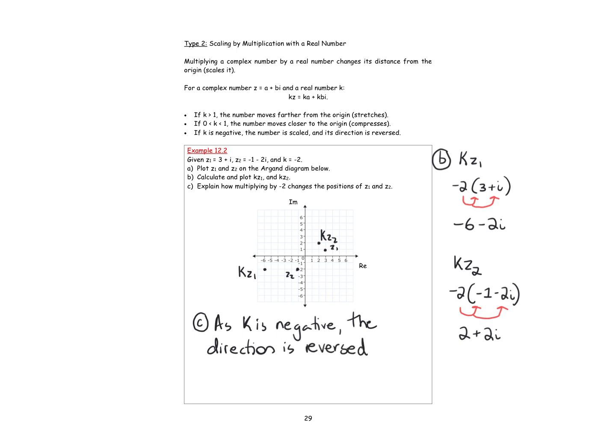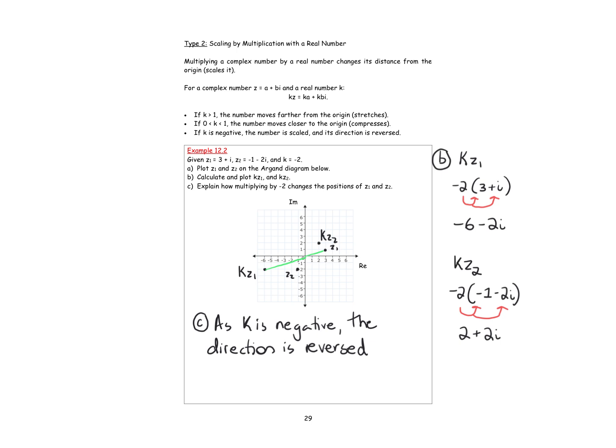For example, z1, originally from the origin, was going right on the real axis and up on the imaginary axis. However, kz1, which is here, from the origin is going left on the real axis and down on the imaginary axis.